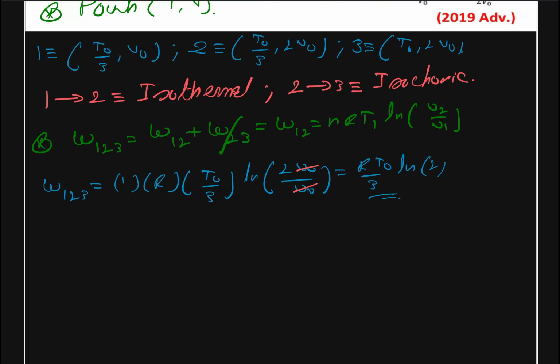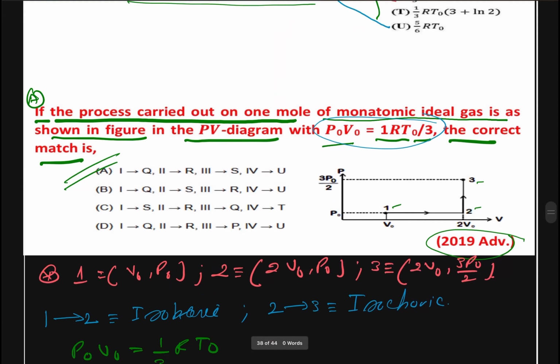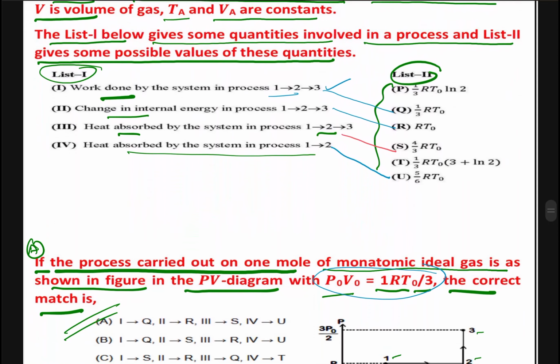Okay, so we can check it out. Here it comes as our, okay, it matches none of the options. Sorry, it is 1 by 3.